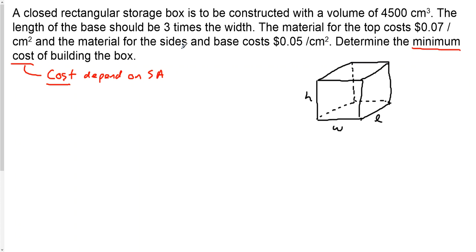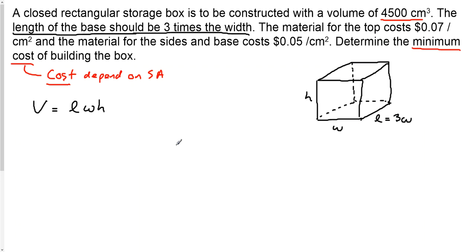Now, first of all, what are we given in the question here? We are given that the volume is 4,500. So we are going to want to come up with an expression for the volume of our box. And that volume is going to be length times width times height. Now, we are told that the length of the base is 3 times the width. So we can add that to our diagram here. Length is 3w.